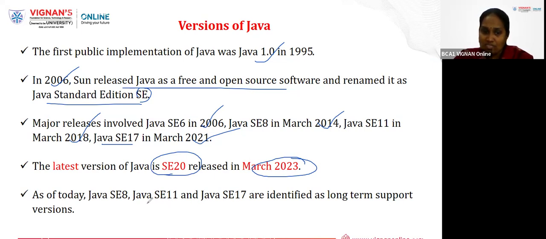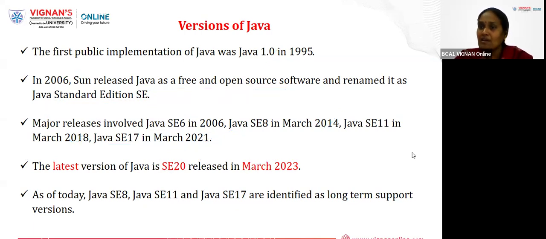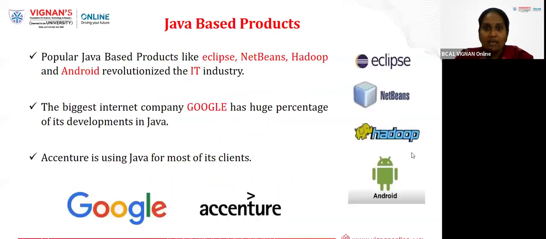But Java SE 8, SE 11, and SE 17 are identified as the long-term support versions. For many years these versions were used by programmers to develop applications, right? And coming to Java-based products, here you can see that Eclipse, NetBeans, Hadoop, Android, all these are popular Java-based projects.